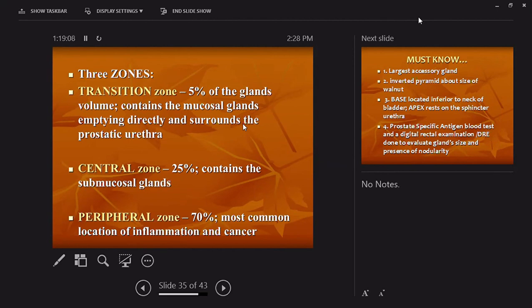Central zone, 25%, contains the submucosal glands. And then your peripheral zone, 70%. Now, this is the finding in my case. It is the most common location of inflammation and cancer. So in my case, it is cancer. Thank God, I'm still alive.